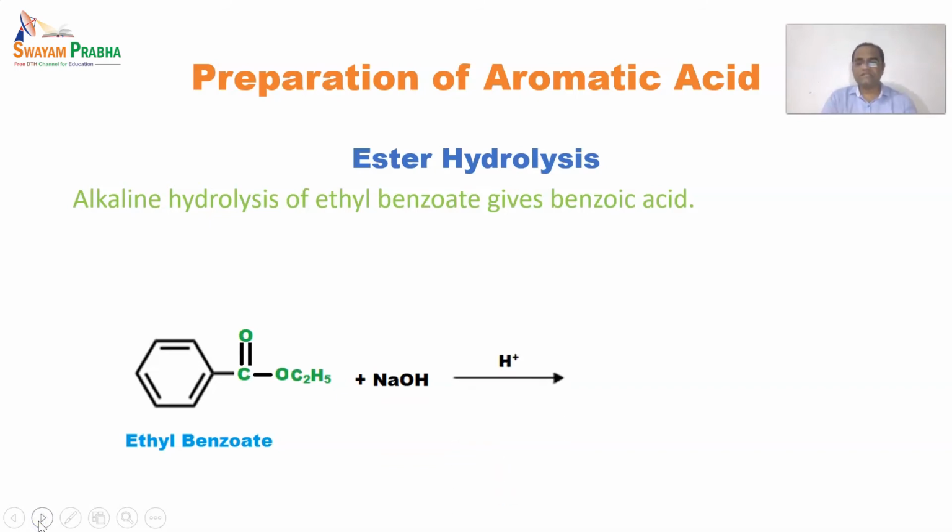Whenever ethyl benzoate is heated with NaOH, it forms the sodium salt of benzoate, and later on, whenever it is added to an acid, it forms benzoic acid at the end.